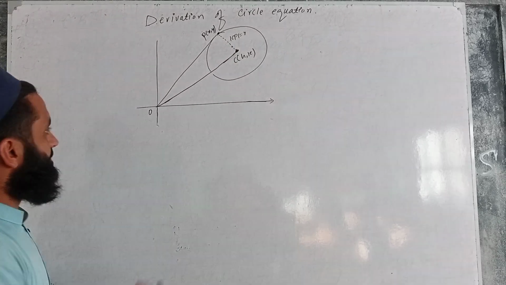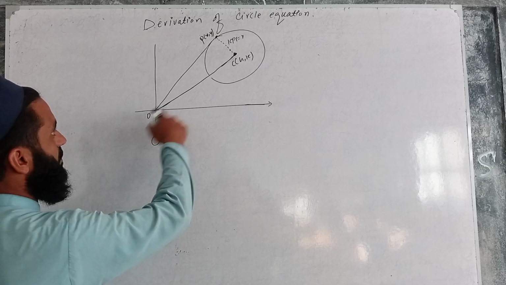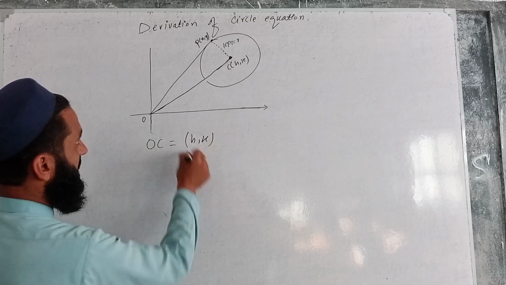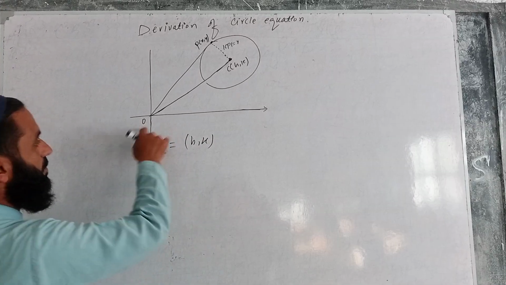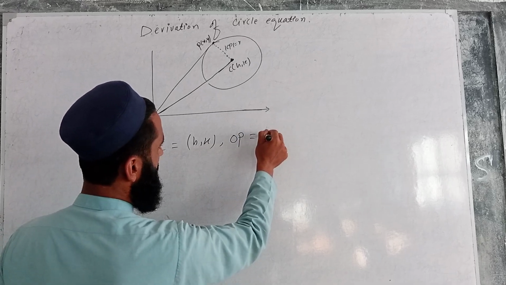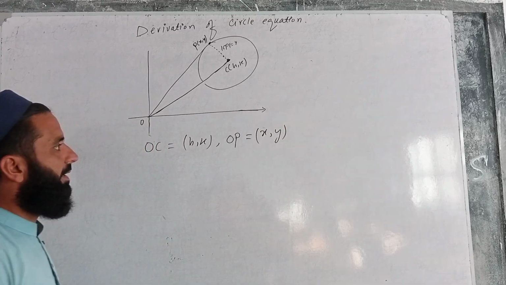But we know that the distance from O to C is equal to (h, k), and the distance from O to P is equal to (x, y).